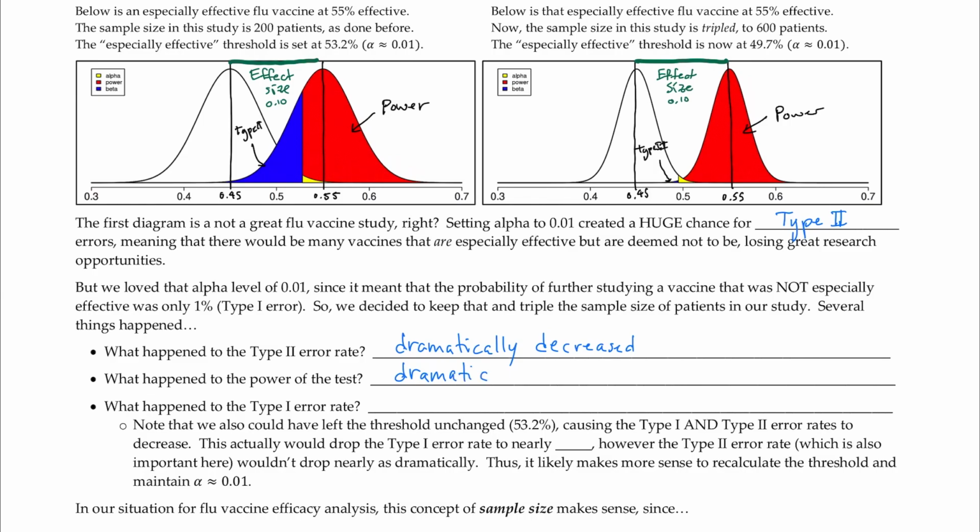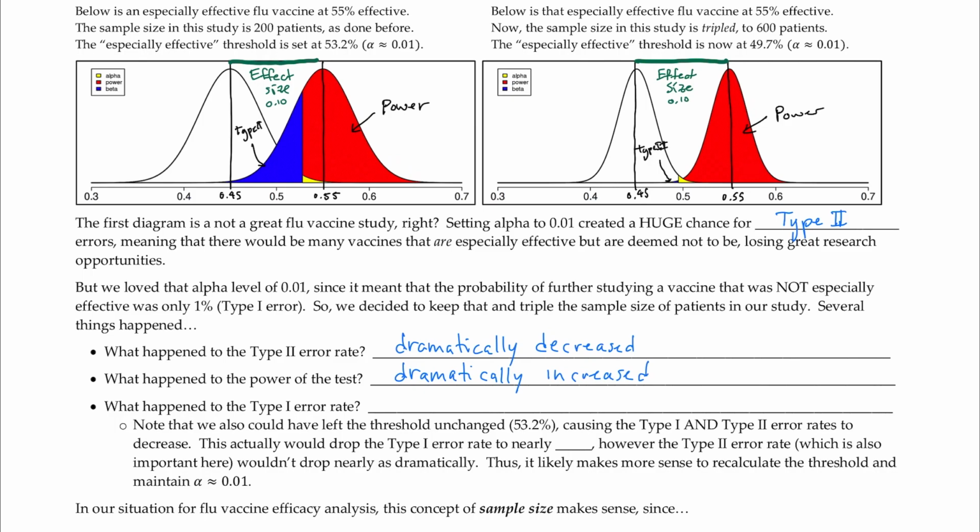Power has now dramatically increased. You can see on the left side here, just a little over half of that true distribution on the right is red. Over on the right-hand side, though, we have almost the whole thing in red.